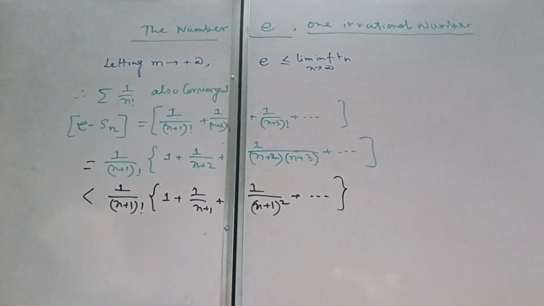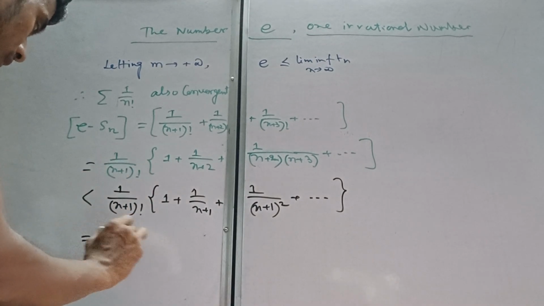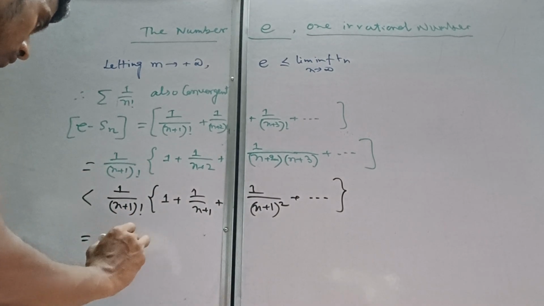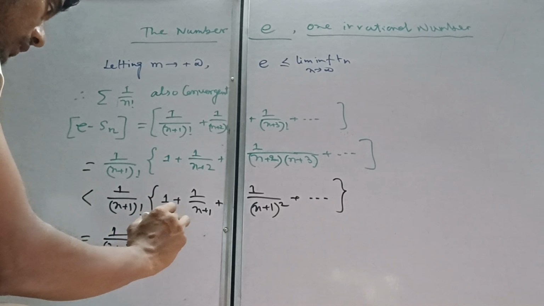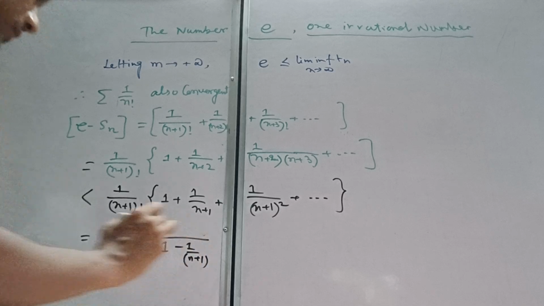Then we write here 1 by (n plus 1) factorial times 1 over 1 minus 1 by (n plus 1).